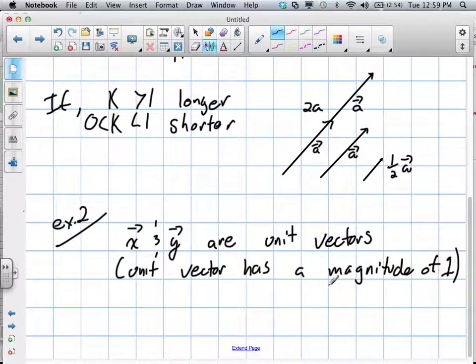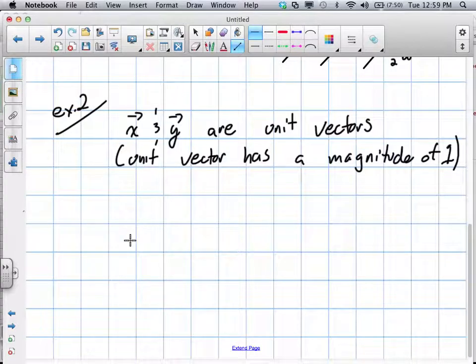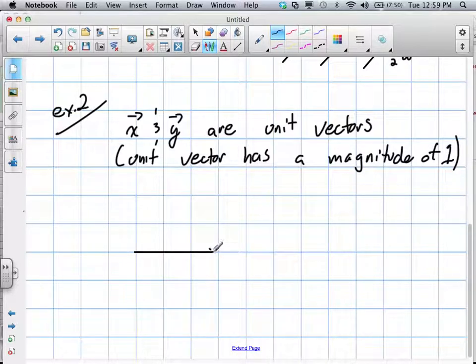Okay? So we're going to just draw a picture. They're both unit vectors. We don't know what direction they're facing right now. We're just going to give them directions. We'll say that this is x, and we'll call the other one y.